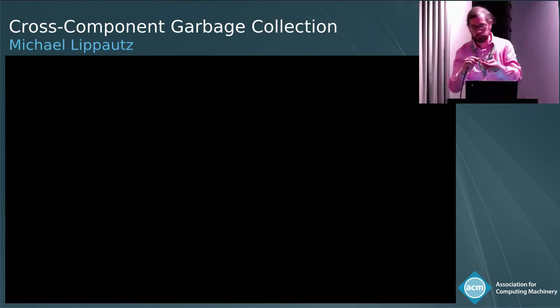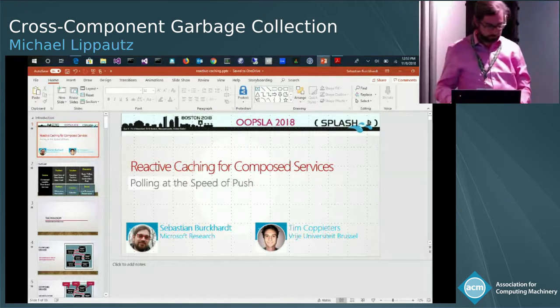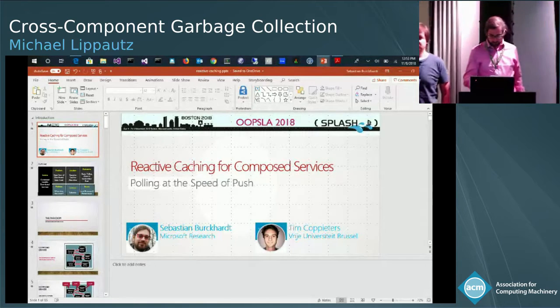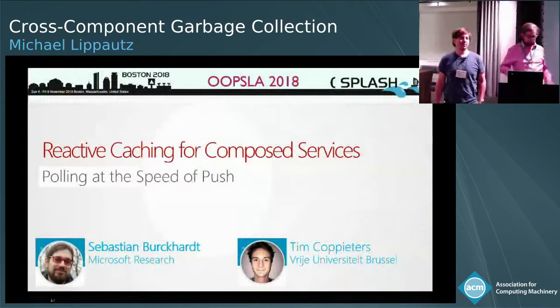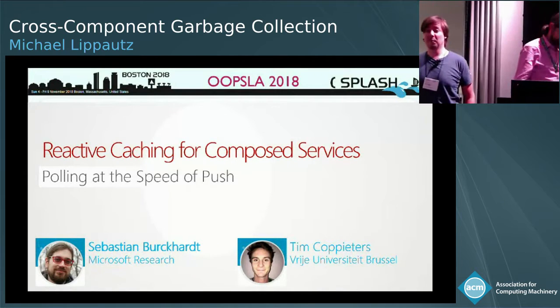I think this is a generally useful technique, especially if the components are separated by process barriers or machines. In your case, that seems not to be the case, though. Have you considered trying to unify the two heaps? Obviously, they have different constraints, but that feels like the ideal solution. So the question is, have we tried unifying the heaps and merging the components? There was actually a project that tried to represent the DOM in JavaScript.